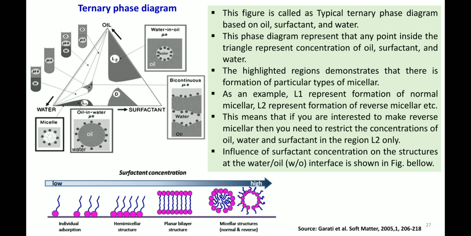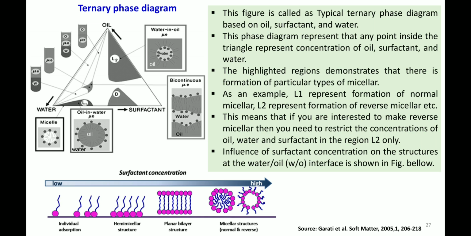You can take any point in the region of L2, and if you take the corresponding concentration of water, surfactant and oil, then the final product you get is the reverse micelle. So this is called a phase diagram.